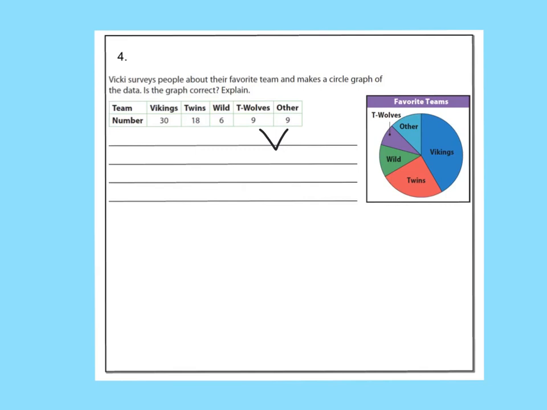And it does not appear on the circle graph that they are. The other thing you notice is that the Wild has the least number of votes, but on the circle graph that is not the smallest sector. So it could be that the T-Wolves and Wild sections may be reversed, but currently it is not correct.